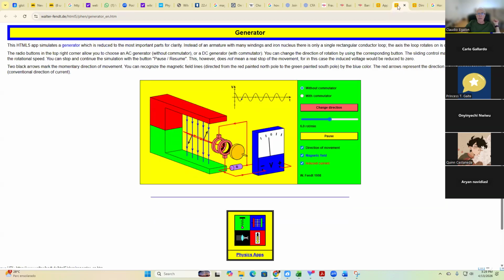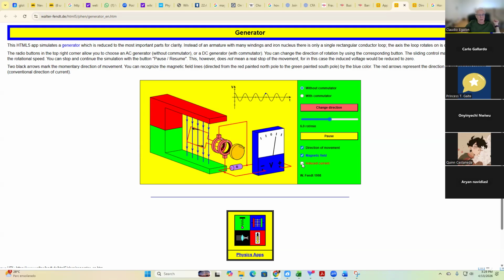In the case of the generator, the black arrows are the direction of movement. We do have an induced current, which is in red.